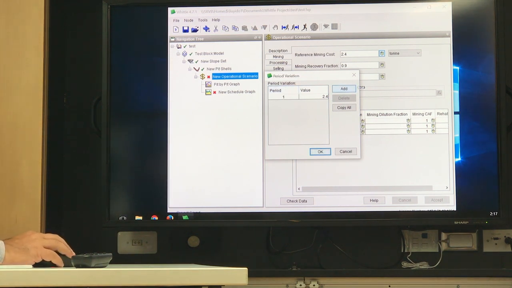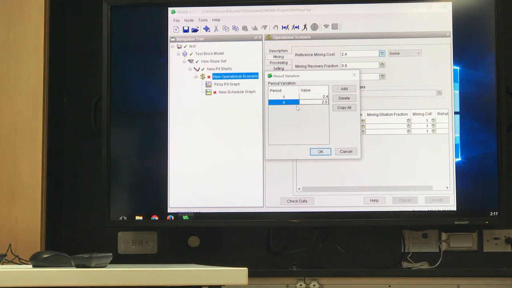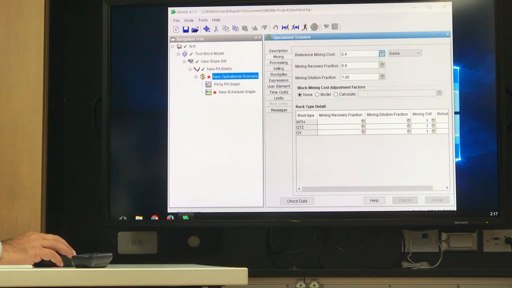So I could add another period, let's say period 4, and then the cost is going to drop to $2. I could do this kind of steps in order to take into account the variation of the cost during the life of mine. All right, are we good?